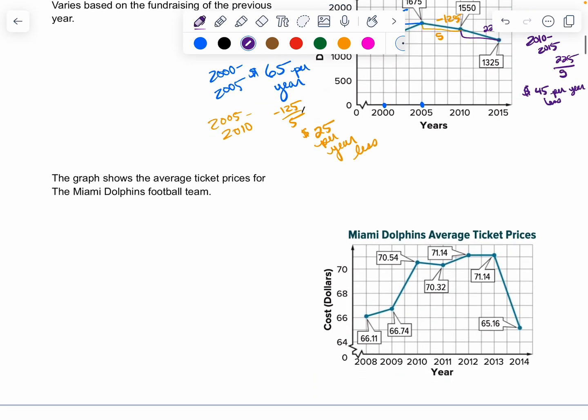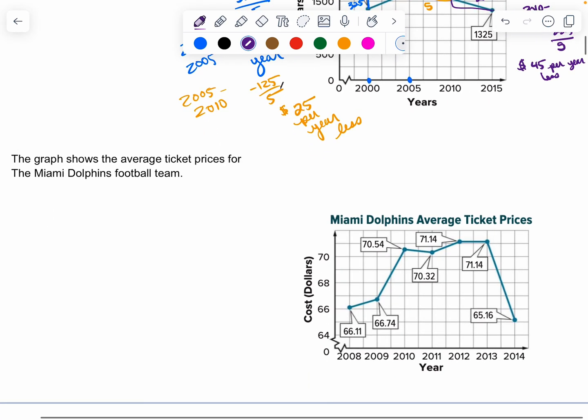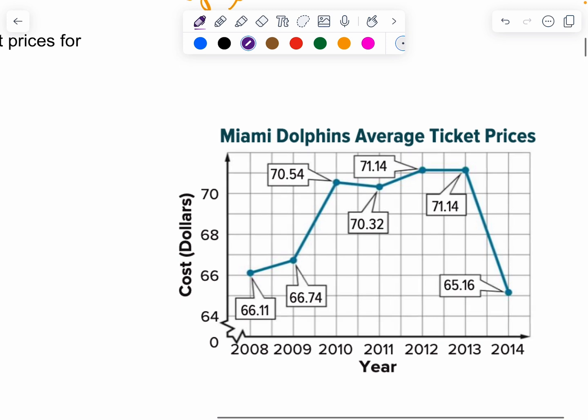Nice. So now we're going to look at the Miami Dolphins. Okay, so we're going to look from years 2008, 2009. So that's 1 year. So that would be divided by 1. So we really don't need to do, it's only, oh, is it 1 year?